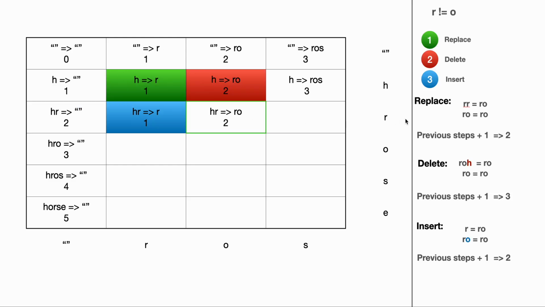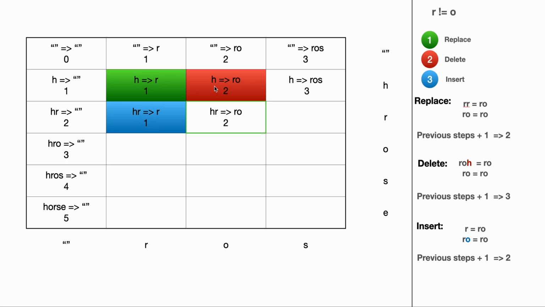For this column r is not equal to o, so we can analyze these three steps. For the replace operation there is a string r, so we need to replace this r with o so that it will become ro.